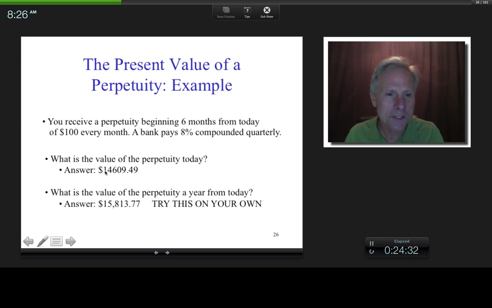We know this is what it's worth at time 0. And if we want to know what it's worth a year from today, then is that a single cash flow problem? Yeah. So try it on your own. And if you're unable to, if you struggle with that, again, I would urge you to go to the prequel to this lecture. In other words, the single cash flow principles, lecture 2A.